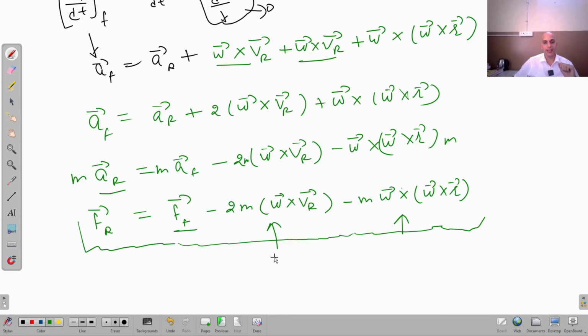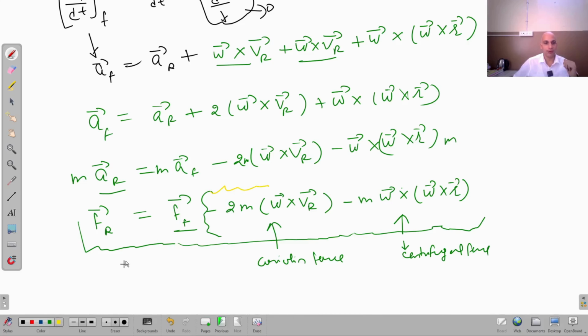This force is known as the Coriolis force, right? And this is known as the centrifugal force. So we can say that there are two different forces, one is the centrifugal force and one is the Coriolis force. These forces act in addition to the actual force in the rotating frame of reference.